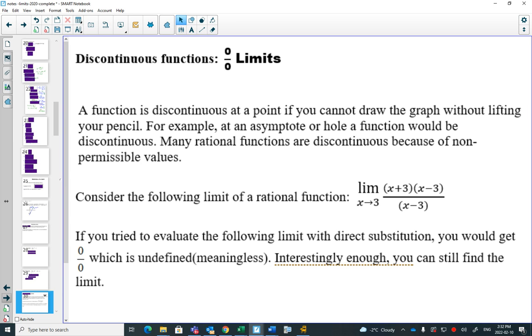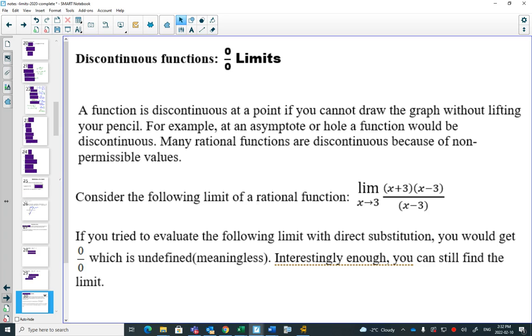Now, often in a 0 over 0 graph, you will often get a hole. And that's connected to some graphing that you did in grade 12. So here we can figure out this limit of this rational function. And the idea is going to be, just like in rational functions, how did you find the hole?